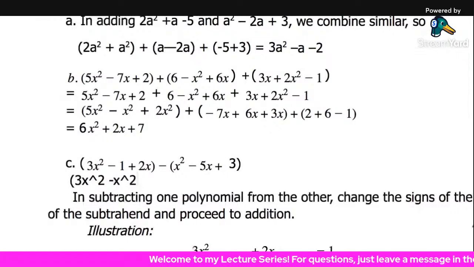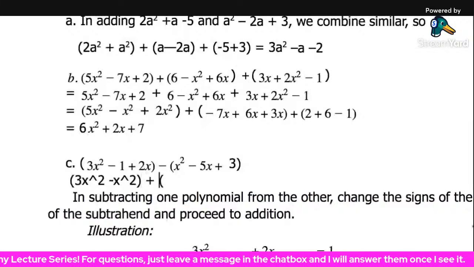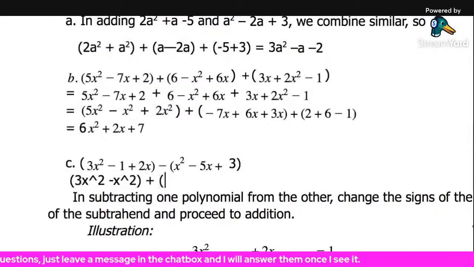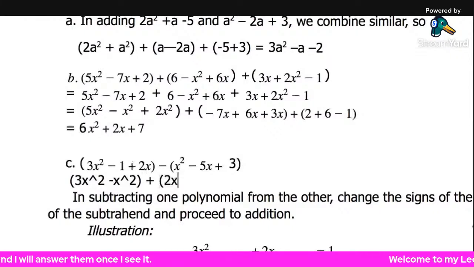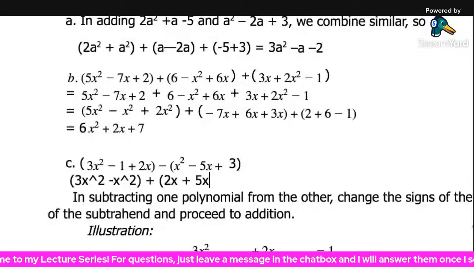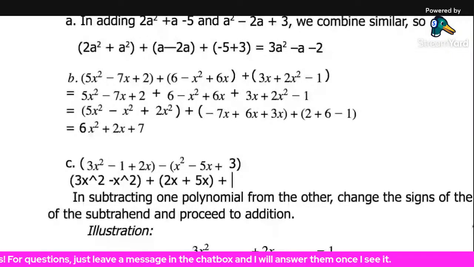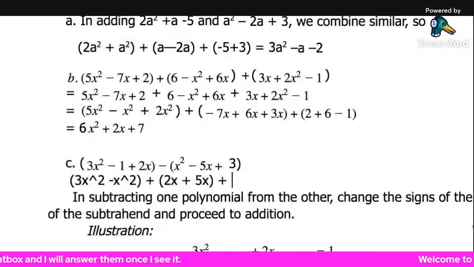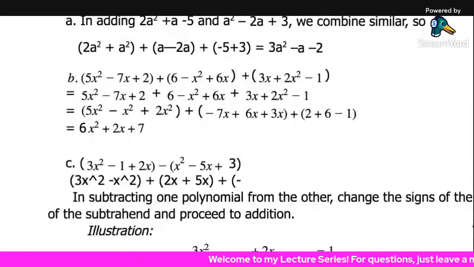And we proceed to the next. So you will have plus 2x. This one here. But we have a negative sign here, or a minus. Minus times negative 5x will give you plus 5x. And then next, plus negative 1, this one, minus 3.